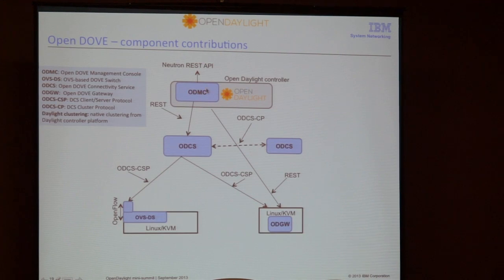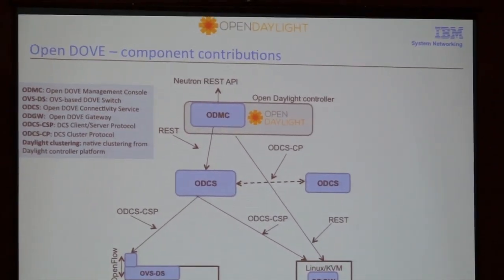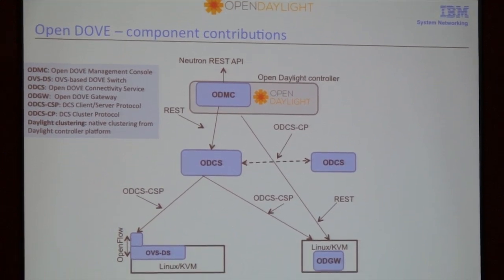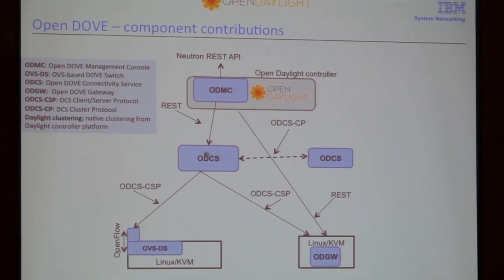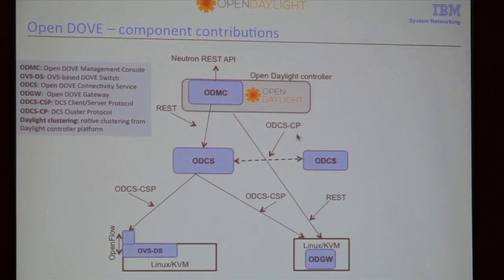So the DMC gets configuration requests from the user, and it uses OpenDaylight's synchronization and the distributed hash table that I mentioned to synchronize that state and configuration data across the cluster of controllers. But the clustering that happens at the DCS is its own clustering protocol today.